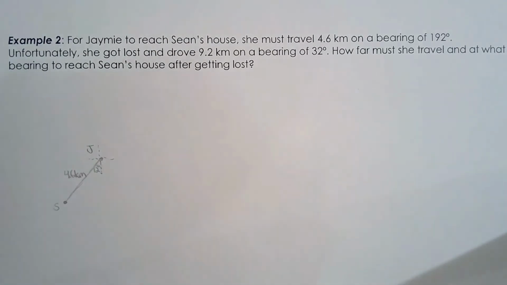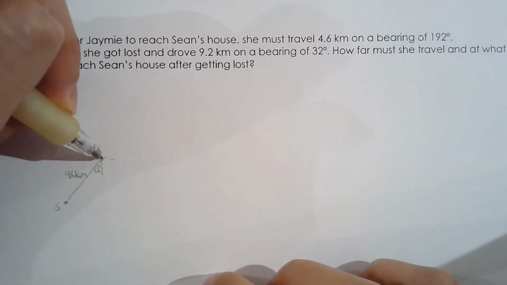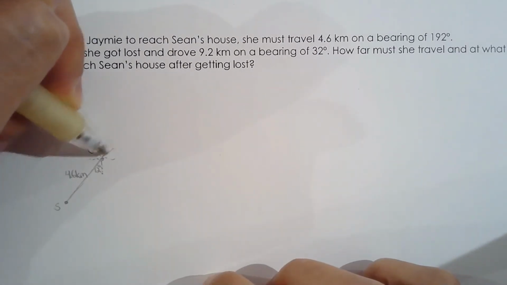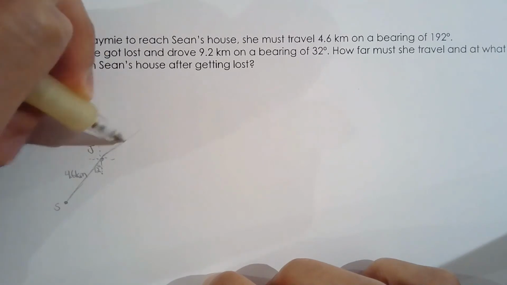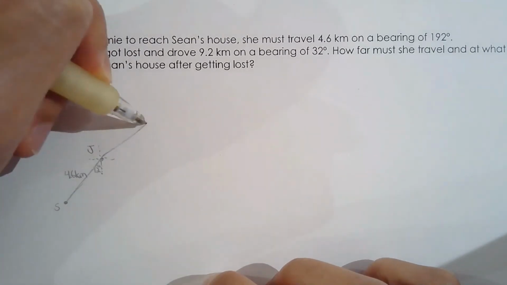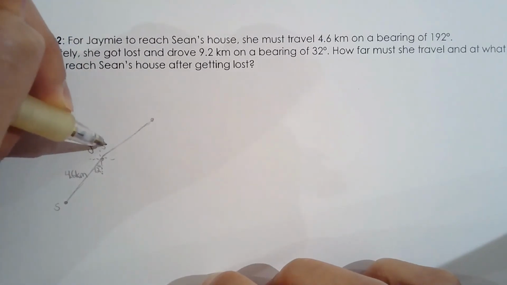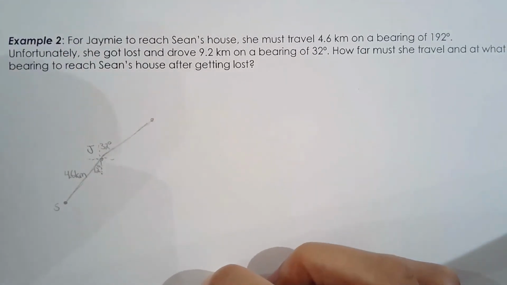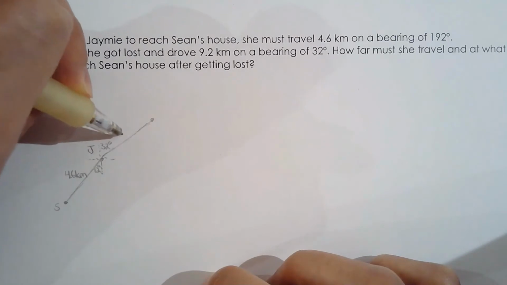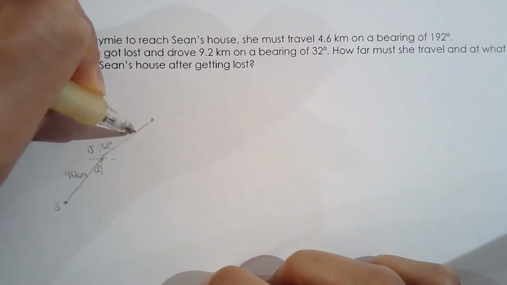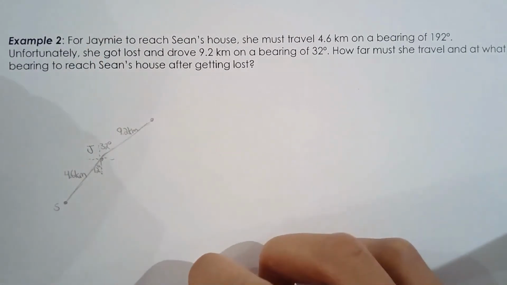Now, like I said, she's supposed to go in this direction, but she actually goes on a bearing of 32 degrees and ends up right there. So this is 32 degrees. And she drove 9.2 kilometers in that direction. Well, that wasn't a very good idea.